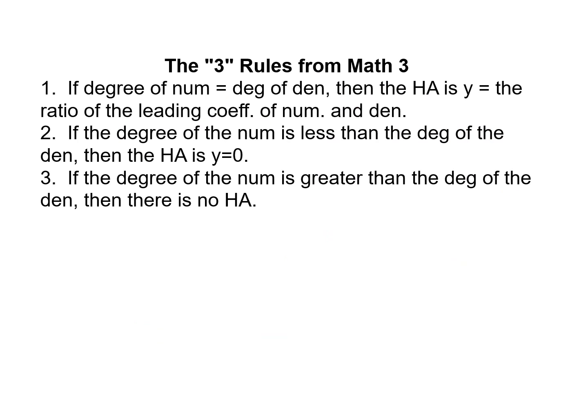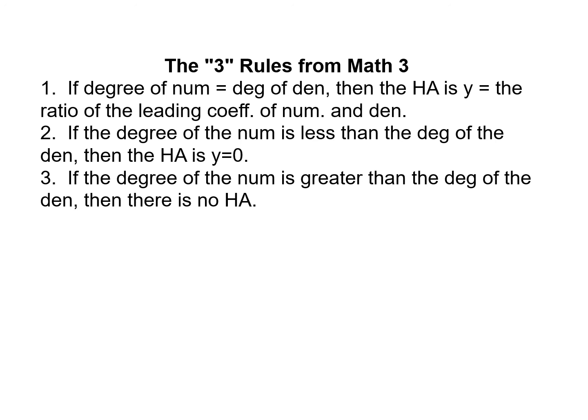Quick reminder of our rules, what I call the 3 rules from Math 3. I did some abbreviating on this slide, and I know we did our silliness in class about degnum and degden. So it says that if the degree of the numerator equals the degree of the denominator, then just a reminder, the horizontal asymptote is y equals the ratio of the leading coefficients of the numerator and denominator.